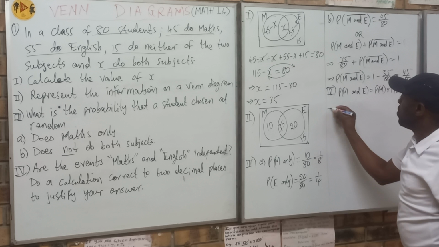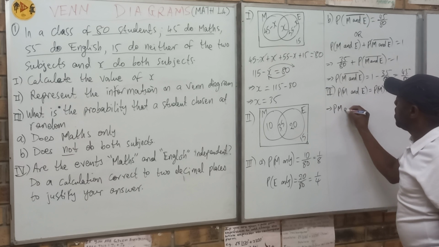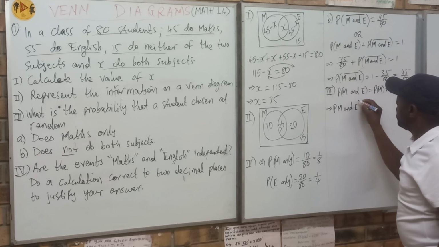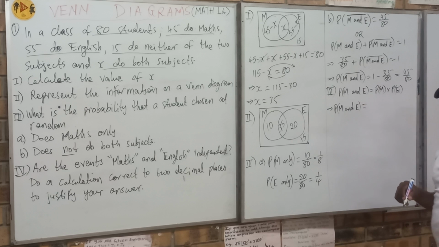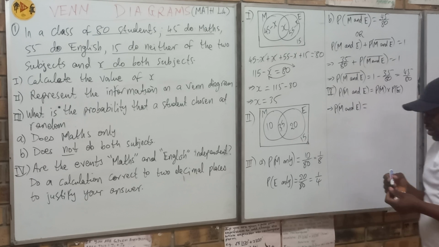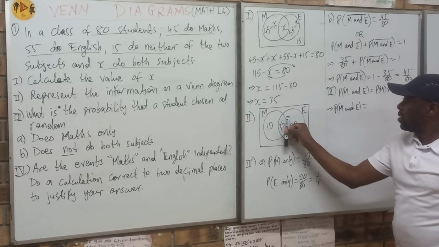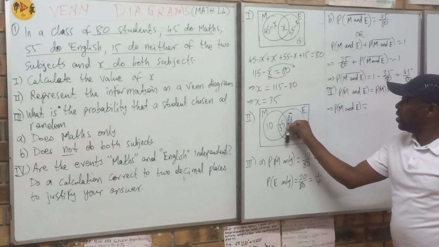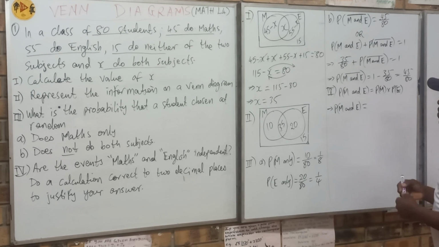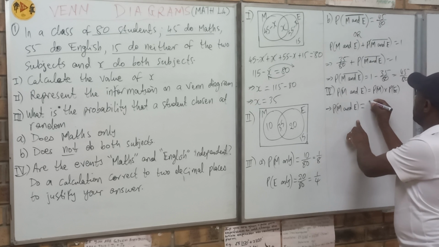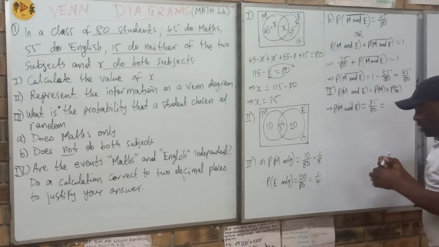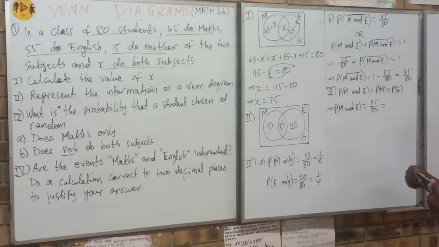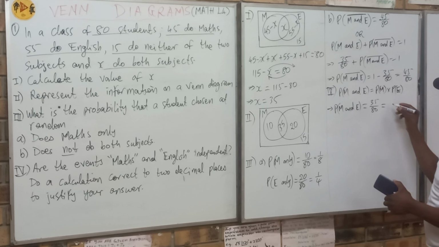Starting with the probability of M and E, I'm looking for the probability of those who offer both subjects, which is very easy to read. In our Venn diagram, it is there at the center to be 35 out of 80. Since we did it correct to 2 decimal places, we'll just take 35 divided by 80. So to 2 decimal places that is 0.44.